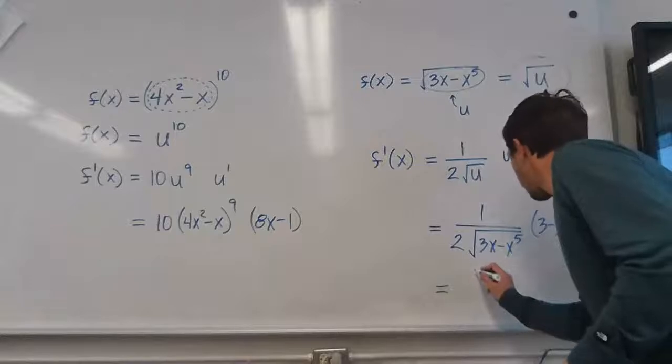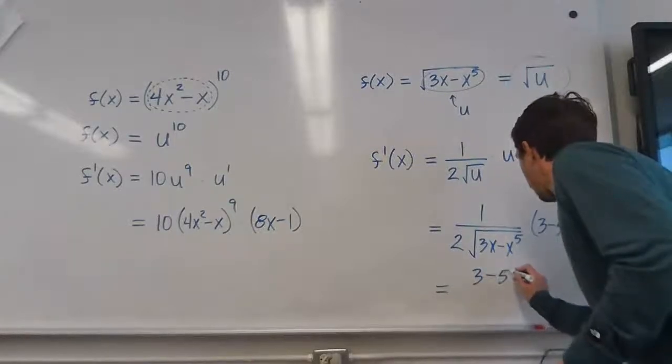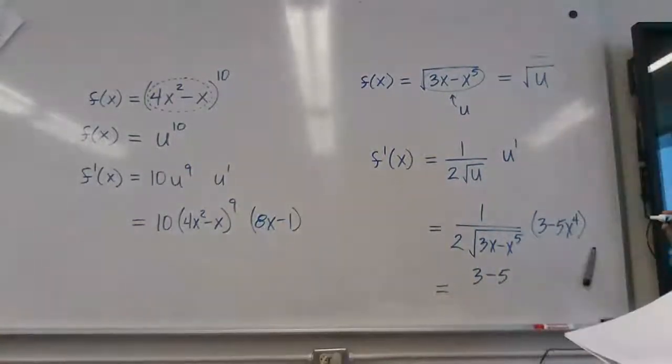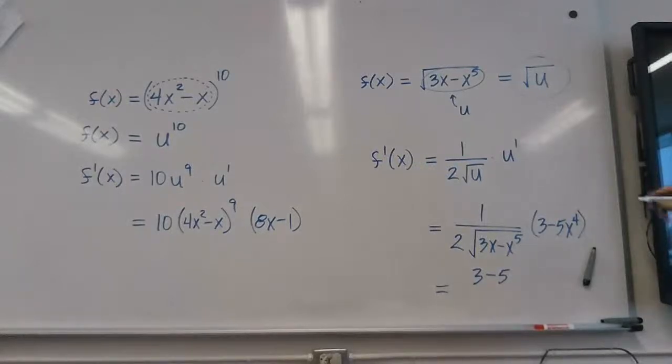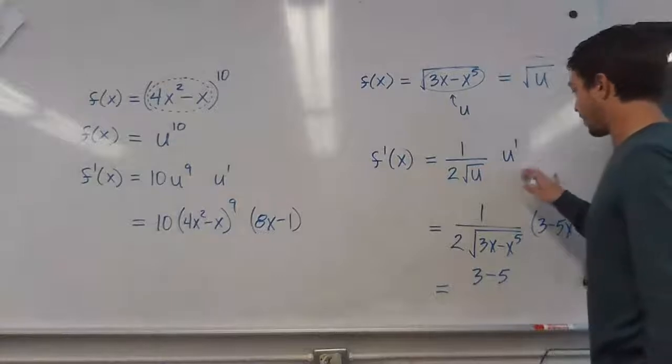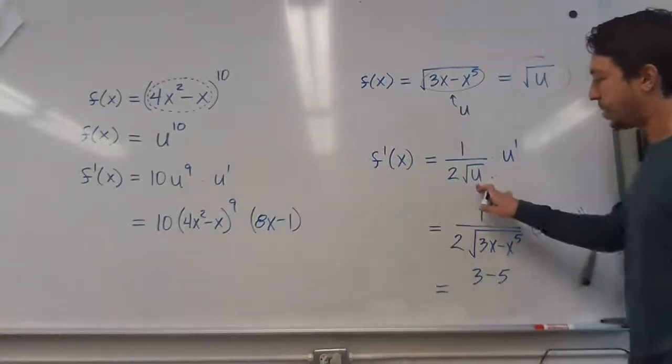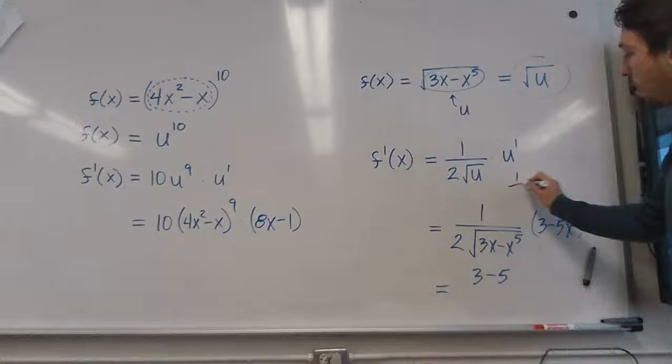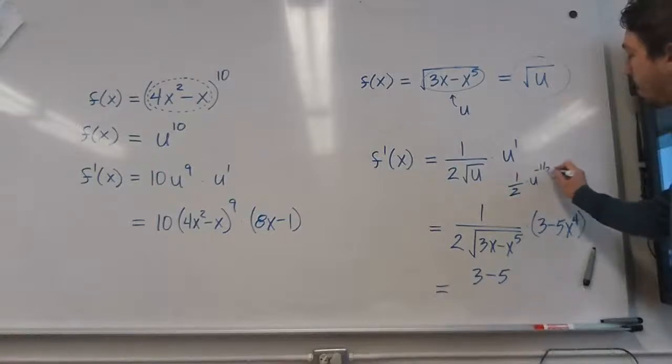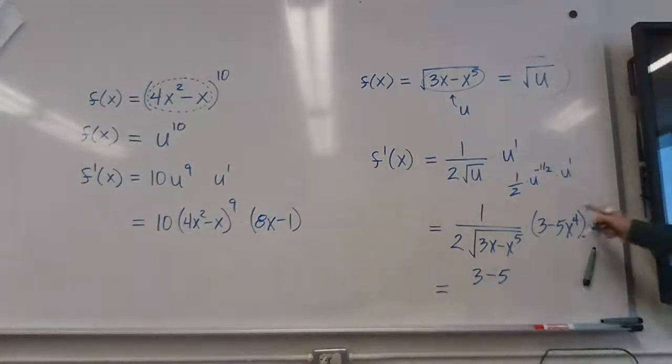Isn't that any different than writing 1/2 times u to the negative 1/2 times u prime? No, that's correct. Sorry, I didn't mean to say it was wrong. Yeah, this is the same. This would be equivalent to writing 1/2 times u to the negative 1/2 times u prime.